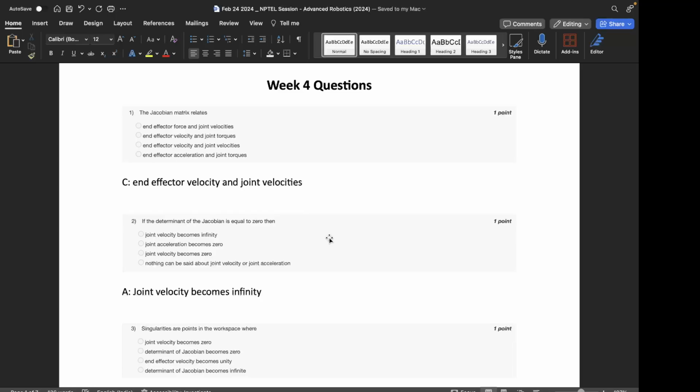What I was trying to put across there was that if we want to specify a trajectory for the end effector, the trajectory is a sequence of points through which we want the end effector to move. Let's say we have a 2R manipulator. The space in which it can move is the 2D plane, represented using X and Y coordinates. The trajectory can be specified either in the task space, or Cartesian space, or in the joint space.